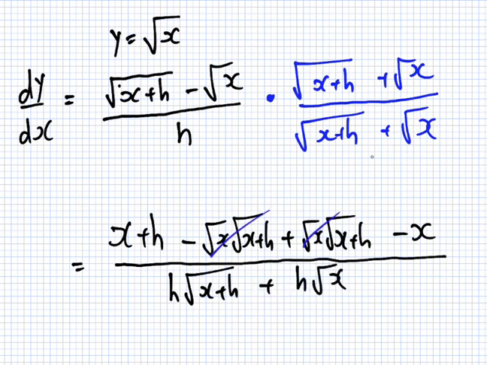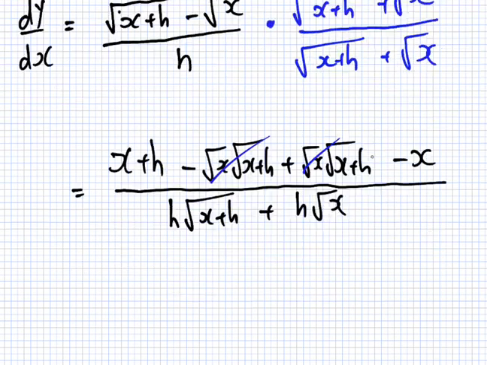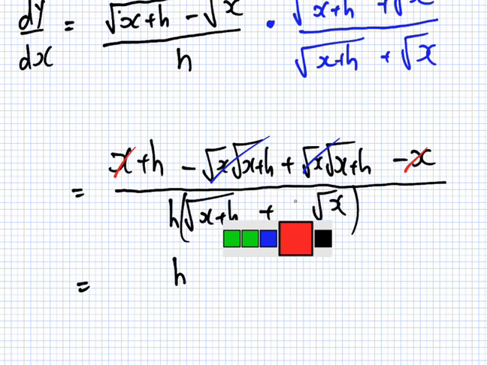The middle two cancel, and actually more than just the middle two. In fact, the x's cancel as well. So we have now on the top h. In fact, I don't think I should have multiplied the h in at the bottom, because if I leave it out, I can do some cancelling.